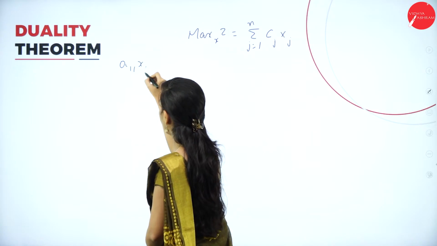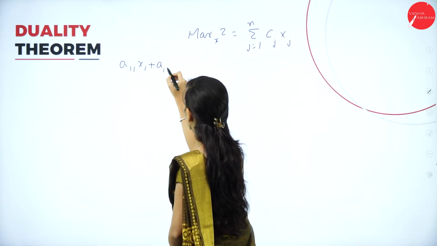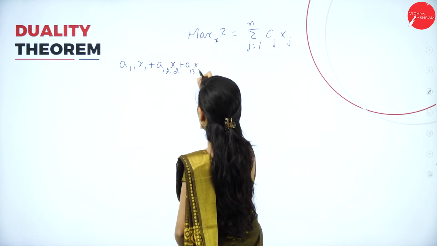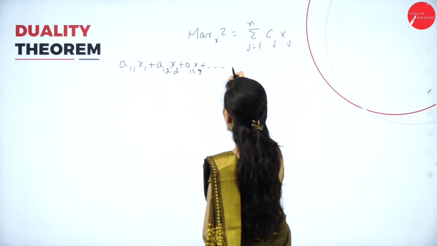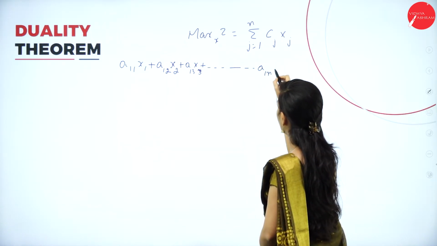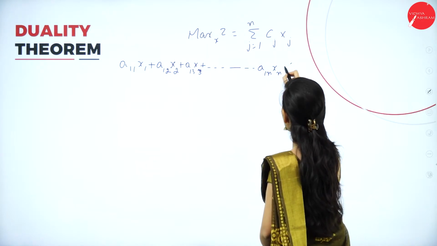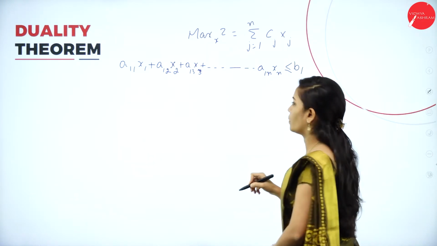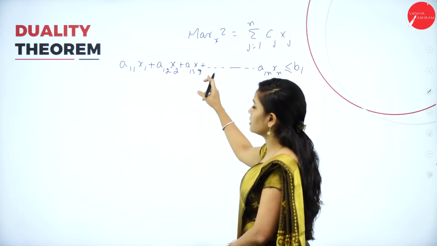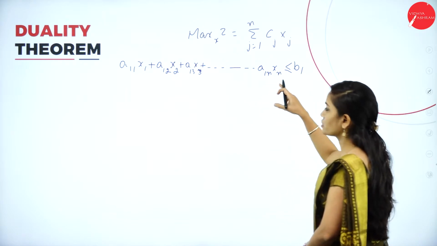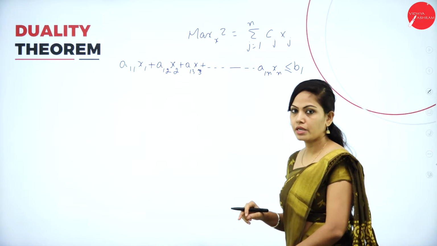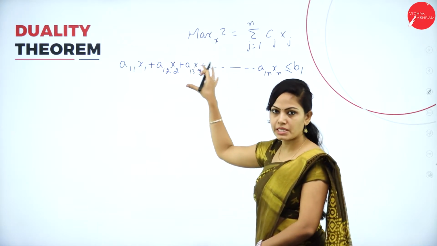Consider a11 x1 plus a12 x2 plus a13 x3 and so on up to a1n xn less than or equal to b1, because I am solving for maximization.